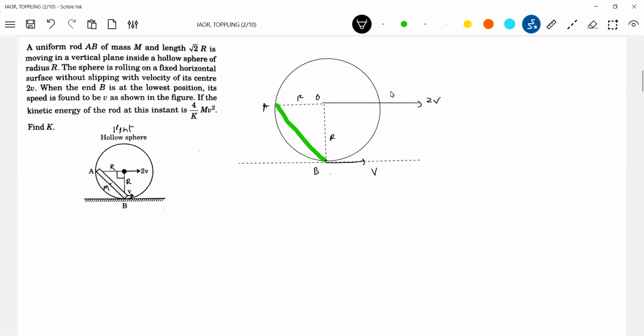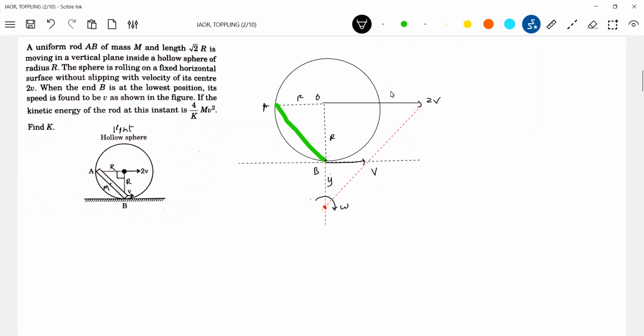Now let's calculate the instant center. Just now I discussed that idea, and you have to apply it. I'll extend this. When you rotate a rigid body, I'm taking help of this.